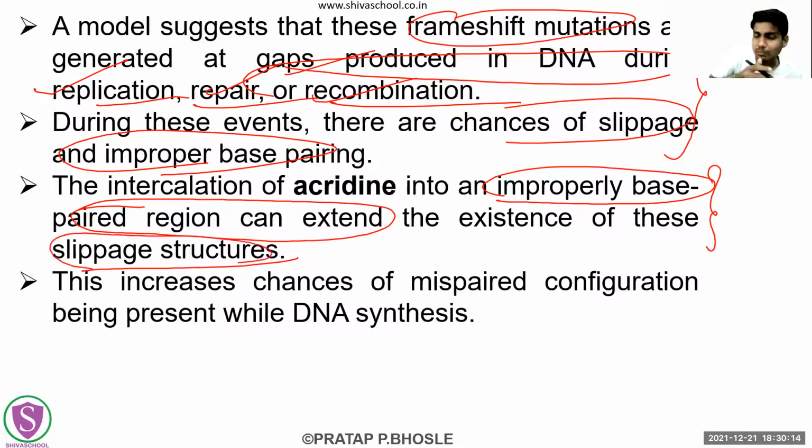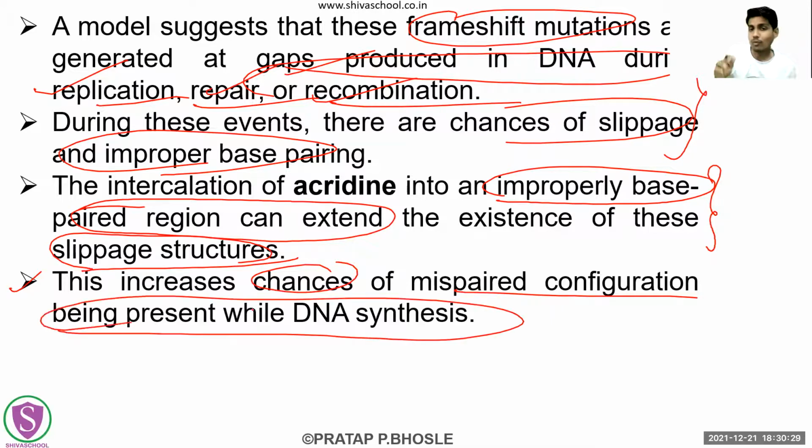So the slipping of the nucleotides will remain for a longer time in that DNA, and that ultimately increases the chances of the faulty DNA being present in the DNA as it is.